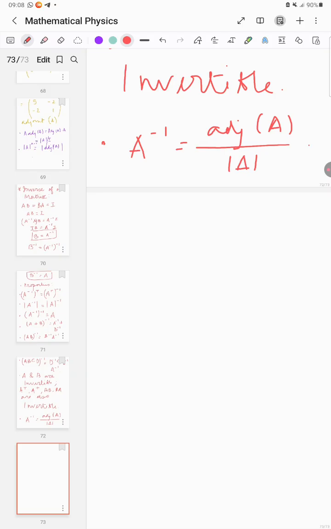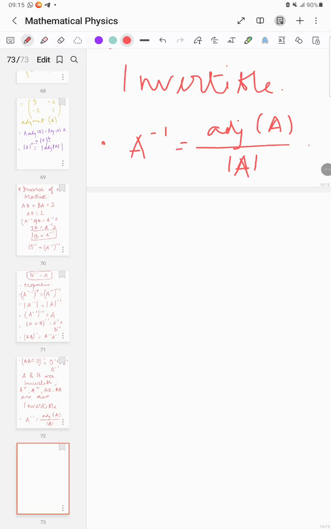If and only if the denominator is not 0, that is, if determinant of A is not equal to 0, only then will A have an inverse. So non-singular matrices, having determinant of A not equal to 0, are invertible. This is basically the condition for finding an inverse of a matrix, that it should be non-singular. Only if it is non-singular will it have its inverse. Alright.